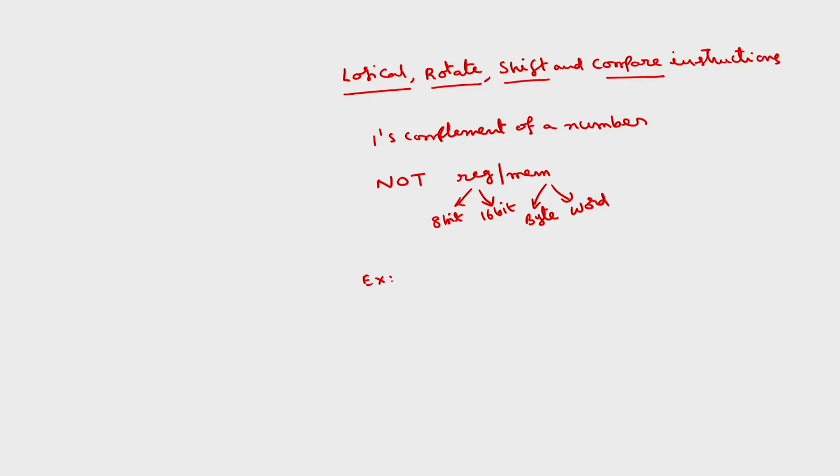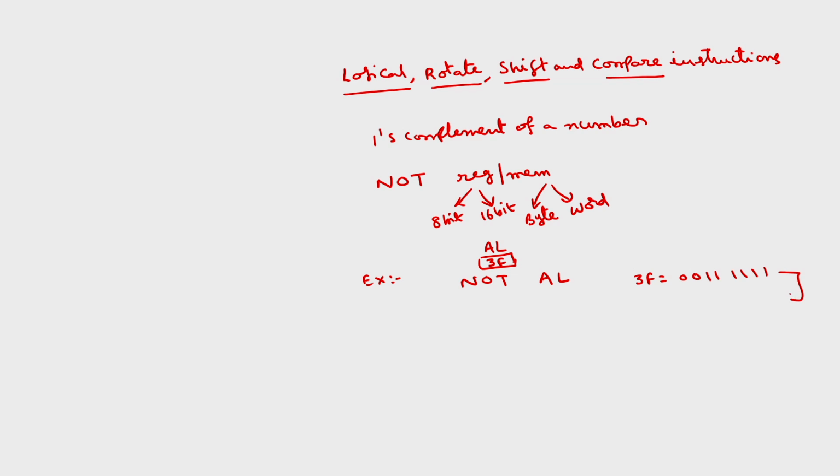Okay. So, if I take the example, NOT AL, before the execution of this instruction, if AL contains 3FH. After this, 3FH will be complemented. What is 3FH? It is 0 0 1 1 1 1 1 1.